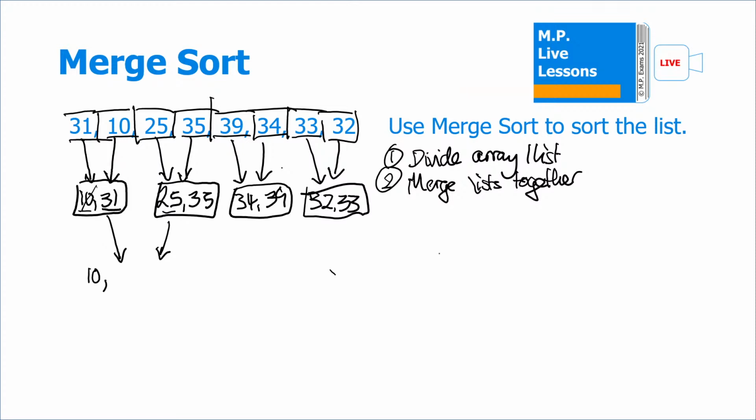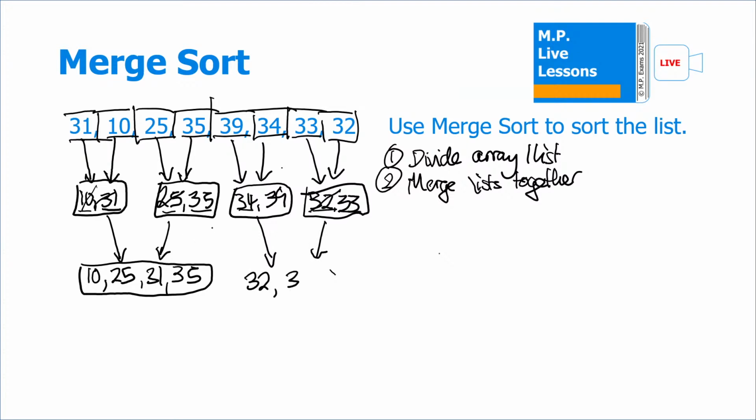Now 31 is our new first number in this list here on the left, and we compare it to 25. 25 is smaller, so we remove it here, and we do the same again, and we can see 31 is smaller. Now we're just left with 35. These two lists will combine like this, so we'll compare. We get 32, cross that off, 33, cross it off, and since we've got rid of one bit of the list, we can just add the rest. So we've got 34 and 39.